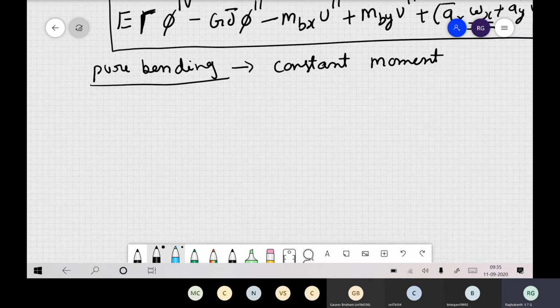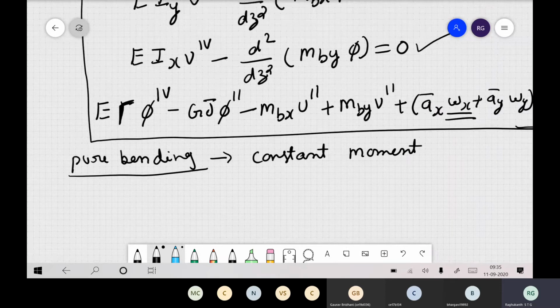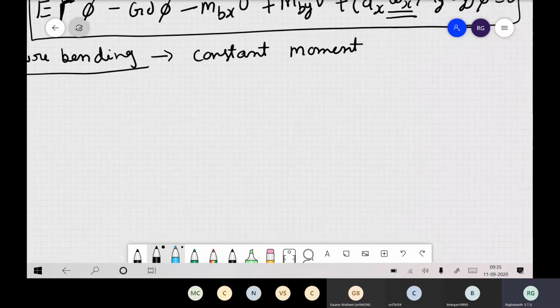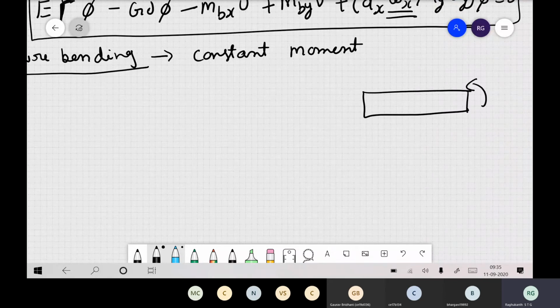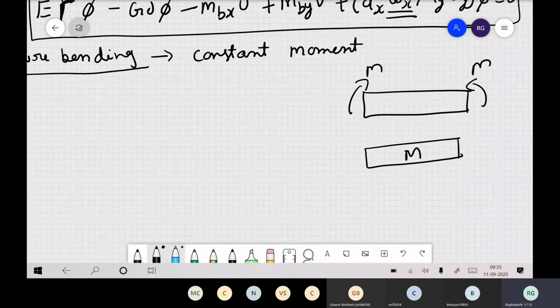And now if it is pure bending, only bending moment is there and it remains constant throughout the beam. Now let us say we ignore this Wx. These equations are much more complex otherwise, so you have only M, and the bending moment diagram is constant, so everywhere it is M itself.